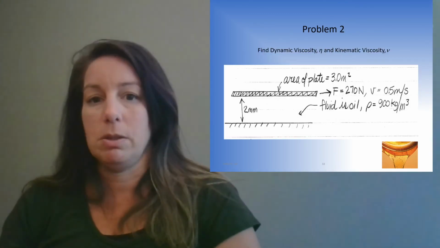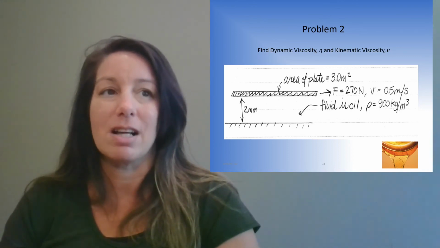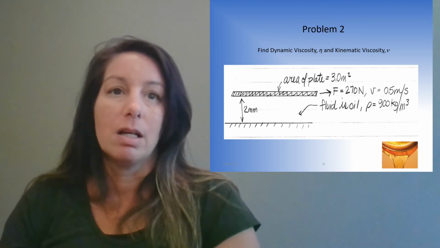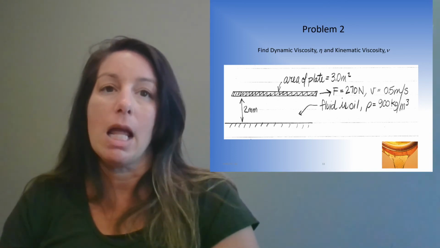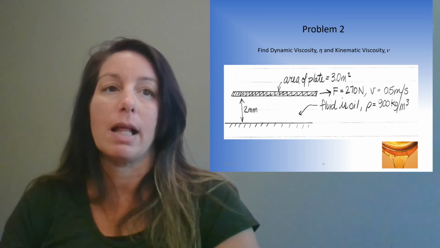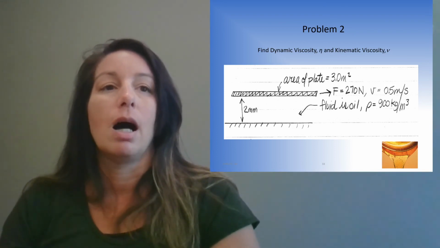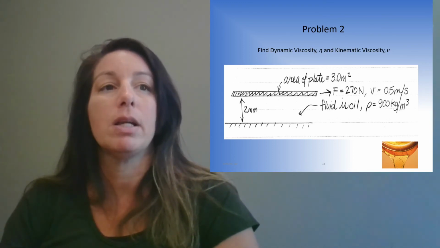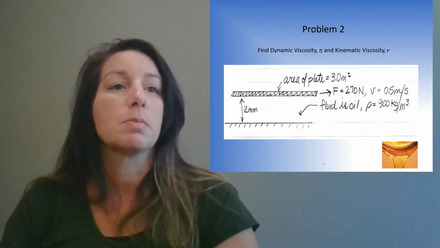Problem 2: dynamic viscosity, eta, and kinematic viscosity. We have a stationary plane. We've got a plate with an area of 3 square meters. We've got a force applied of 270 newtons at a velocity of 0.5 meters per second.